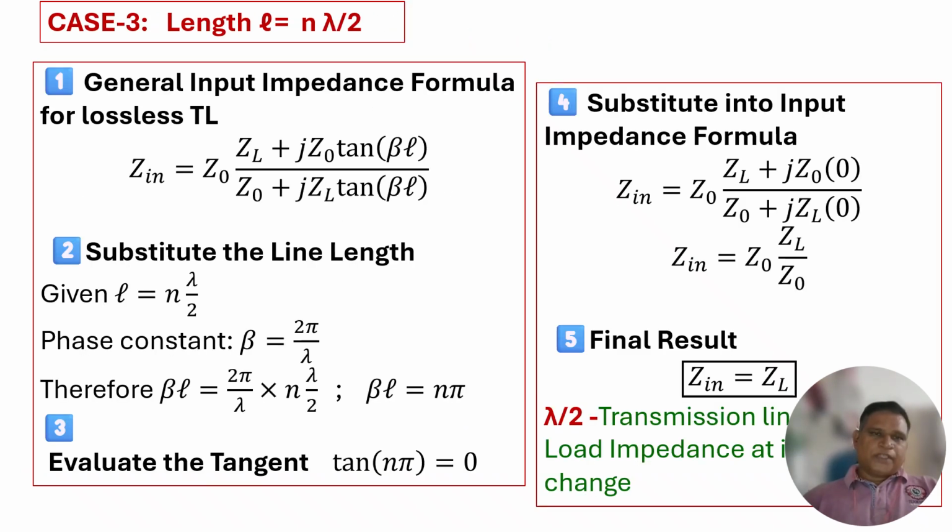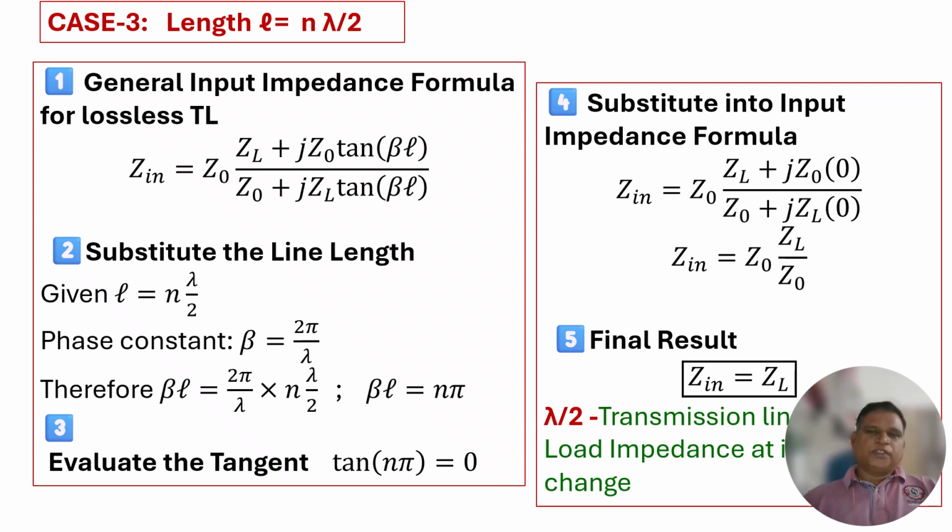Now coming to case 3, the length L is equal to n into lambda by 2. When n is equal to 0, and when n is equal to 1, this is lambda by 2. Now beta L is equal to 2 pi by lambda into lambda by 2. Therefore, beta L is equal to n pi. By evaluating tan n pi for different values of n, this is equal to 0.